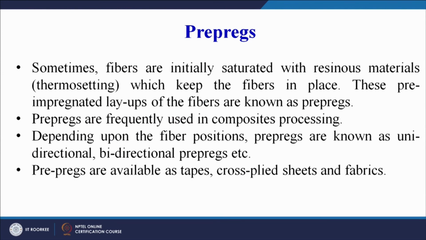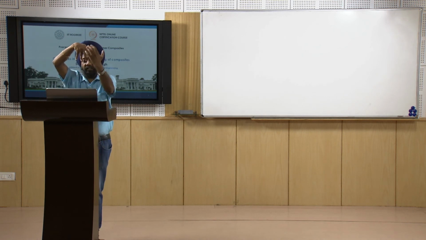Depending upon the fiber positions, prepregs are known as unidirectional or bidirectional prepregs. We can have all fibers running in one direction like this. These are all fibers running in one direction, unidirectional fiber, with no fiber across the direction of the fibers. At a particular distance we may have low strength fibers or threads just to keep them in place.